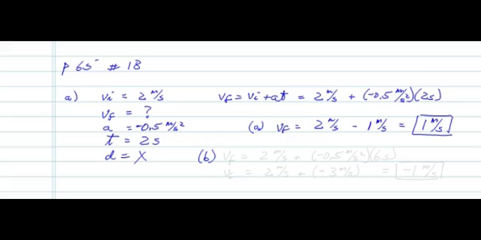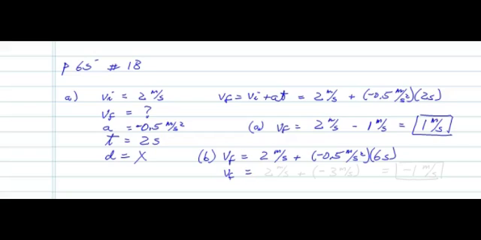Part B, what is the golf ball's velocity if this continued for 6 seconds? So it's the same equation. The initial was still 2 meters per second. Acceleration is still negative 0.5 meters per second squared, but now the time is 6 seconds instead of 2 seconds.